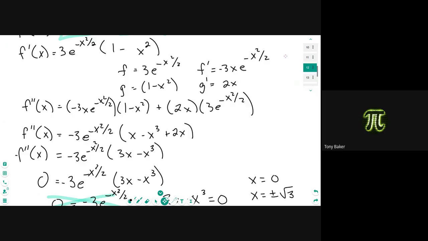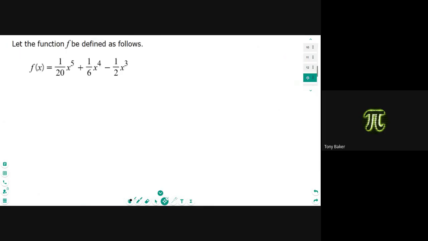All right. So this question, we need to find the inflection points, and then it asks how the tangent lines actually work at those points.